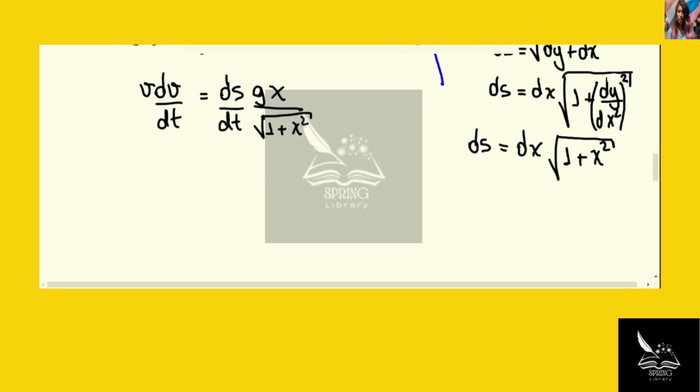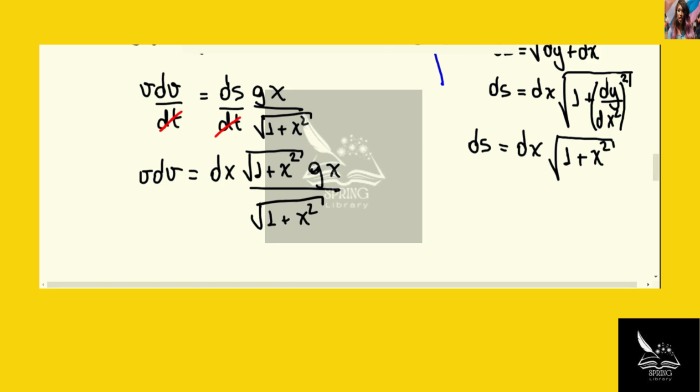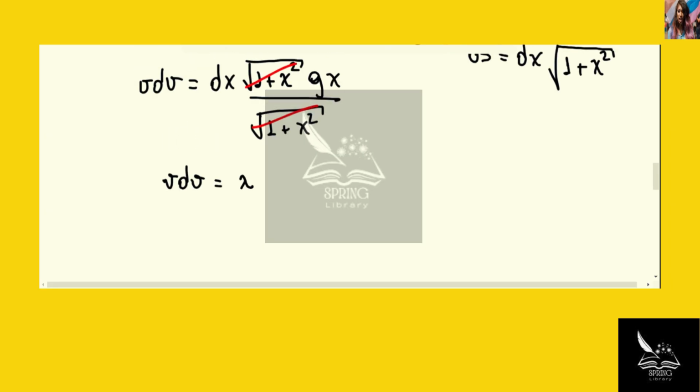Okay. So the dt's cancel out. So I have v dv is equal to ds, which, as I said, is dx times the square root of 1 plus x squared, times gx divided by the square root of 1 plus x squared. So the square roots cancel out. We have that v dv is equal to xg dx, and I'm going to integrate both sides from x equals 0 to a certain value of x.